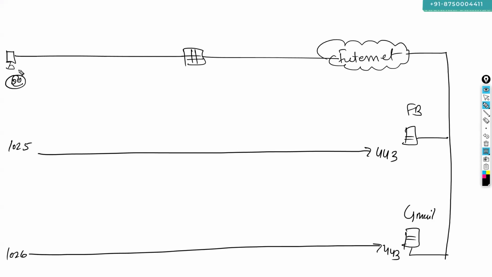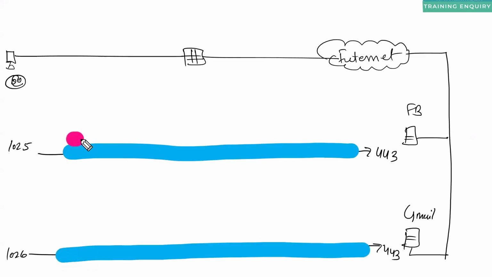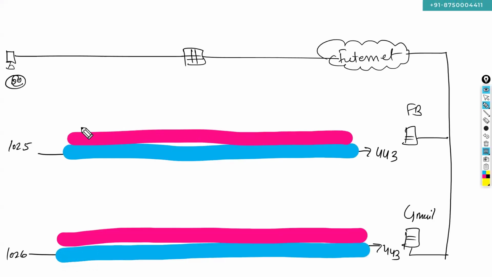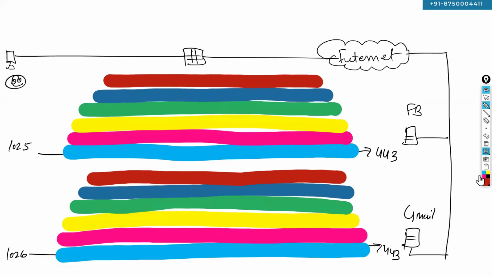Now, what will this user do? This user will first establish an SSL session. Then there will be another session, and next, another session. First of all, let me draw it. Now, look here. When the user is communicating with Facebook, the client will first use a dynamic port.